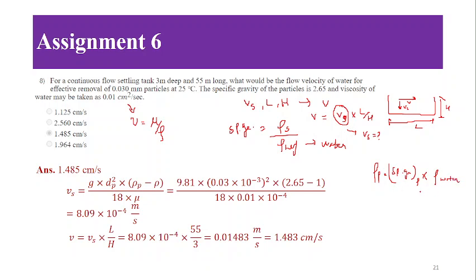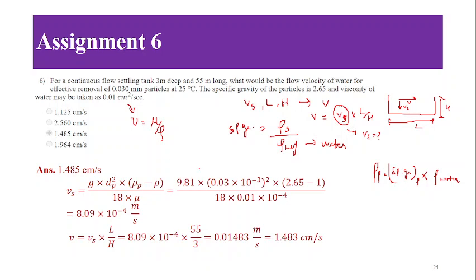So rho of water is basically in the denominator itself, denominator of the denominator, so it gets into the numerator. So basically you only need to subtract the specific gravity and not multiply with the water here. But you need to change the unit of the centimeter square per second to meter square per second. So how you do that is multiply with 10 to power minus 4 factor.